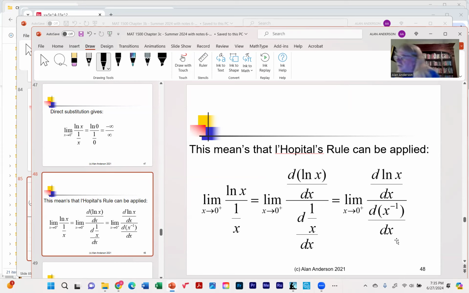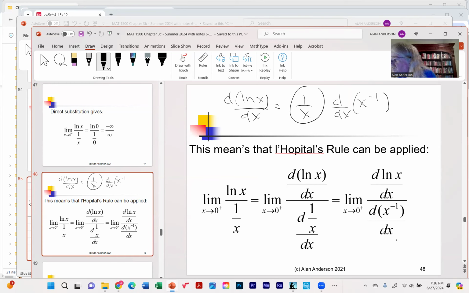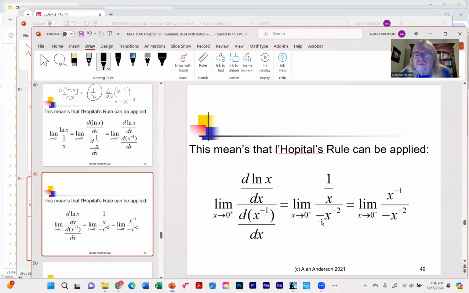And again, you remember that the log has a derivative of 1 over x. And the derivative of 1 over x, which is x to the minus 1, is minus x to the minus 2. So the ratio that we end up with is 1 over x over negative x to the minus 2, or we can rewrite it like this.